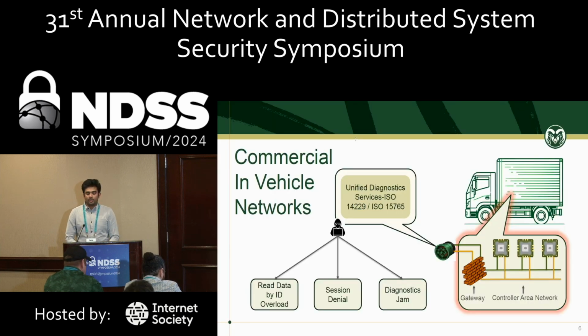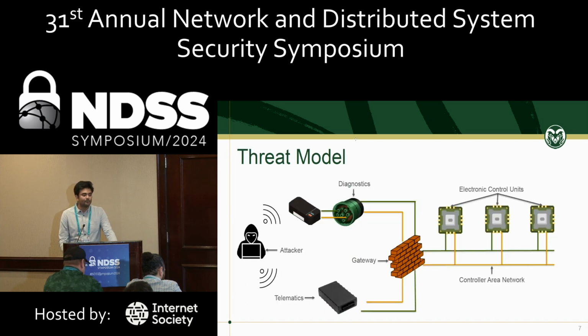Now, moving on to commercial in-vehicle networks, what you see as typical in commercial vehicles is that you have ECUs, which are usually nowadays connected through a diagnostic gateway for security and segmentation purposes to a diagnostic port, where usually you would find technicians sitting around and performing diagnostics.